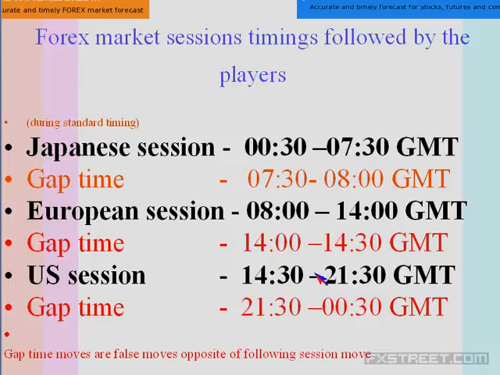Probably most of the GBP short sellers, breakout traders, what they had taken during the Japanese session, they would have closed during the European session and turned long, and that would have induced the players to make a dip below the initial low. So this is how we have to read it, and still they have another level, 1.5749, that is the low they have set, and we have to see how they are respecting it.